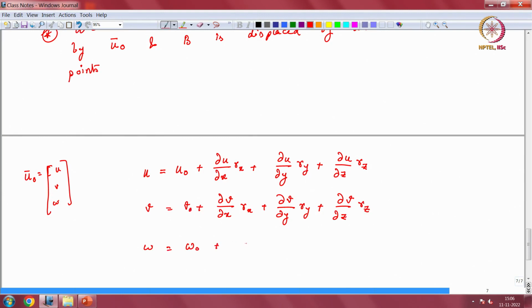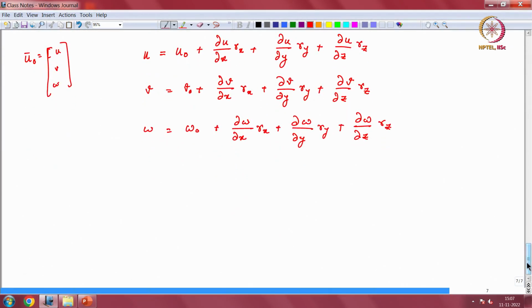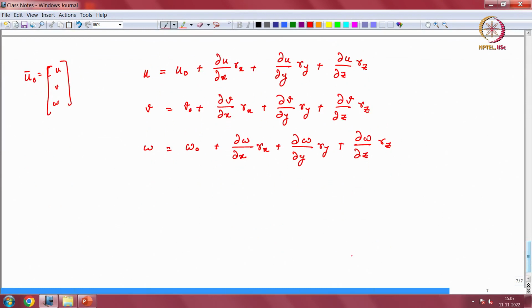I have to put a naught. So this is the relationship using Taylor series expansion.